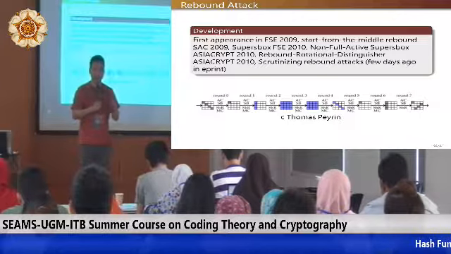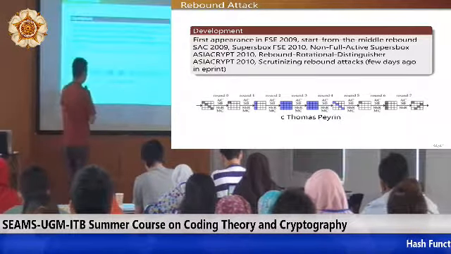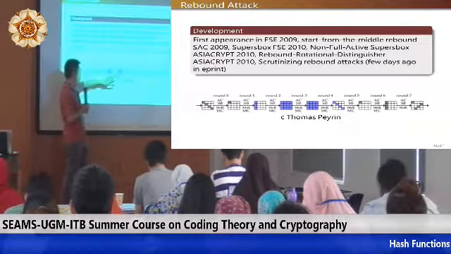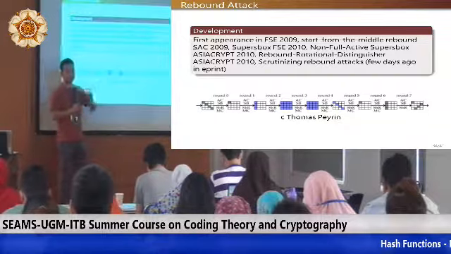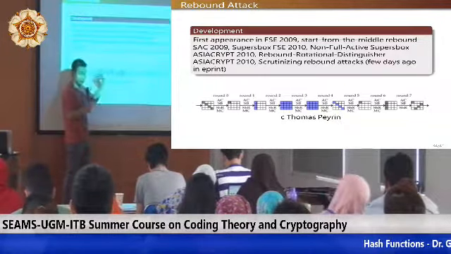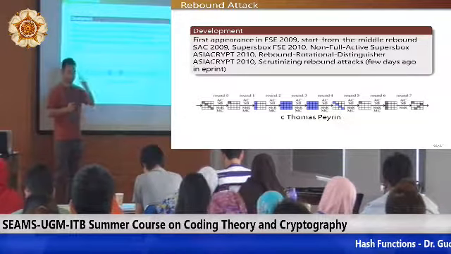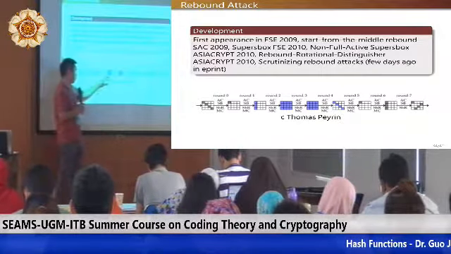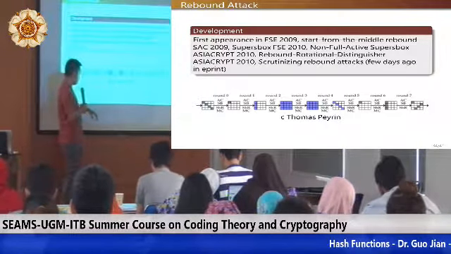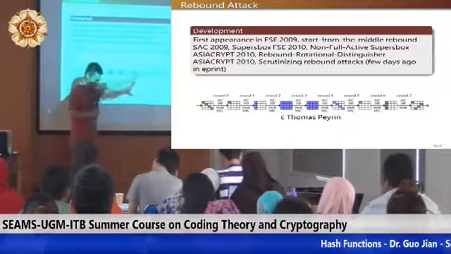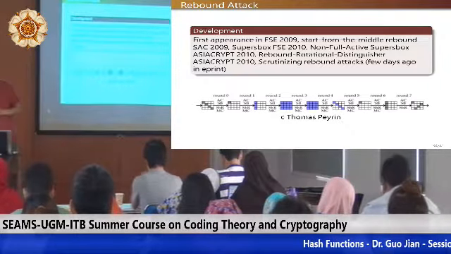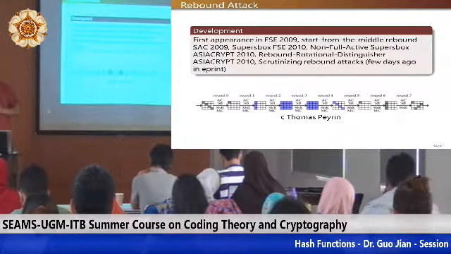Yeah? On average, you can find one solution. So same here. You have a full state difference and a full state difference here. You can treat round 3, the entire round, as a huge S-box. So given this difference and this difference, you can actually find one solution on average, fulfilling this input and output difference pair. So with that one solution, you can propagate backward and forward to find the fulfilling path of this differential path.